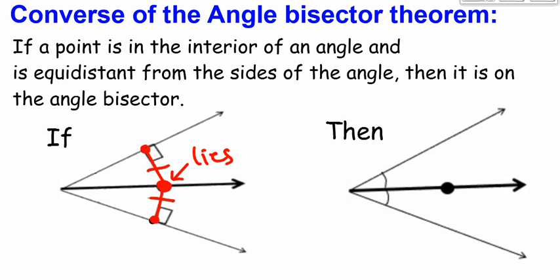So let's write that on there: lies on angle bisector. So if this is all true, then in the drawing on the right, I know that these two angles are congruent because it is on the angle bisector.